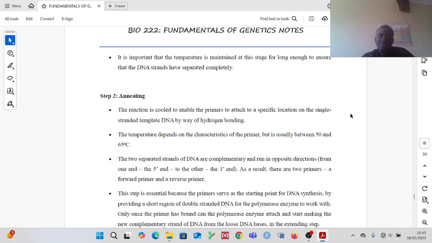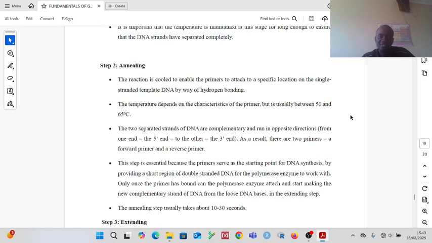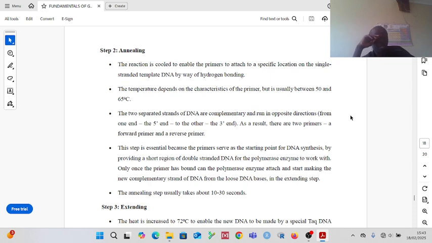After we've denatured, annealing happens. Annealing is when you cool the reaction mixture so that the primers can attach on specific locations on the 2 single-stranded template DNAs, created through heating. Annealing is also happening because of hydrogen bonding.